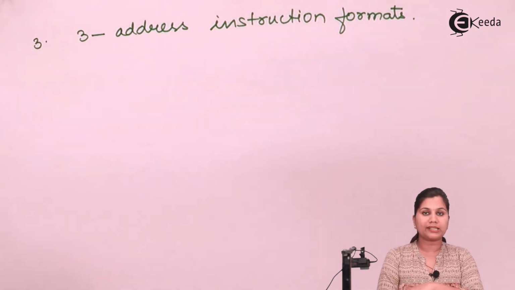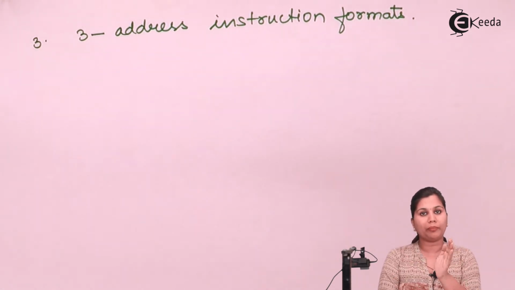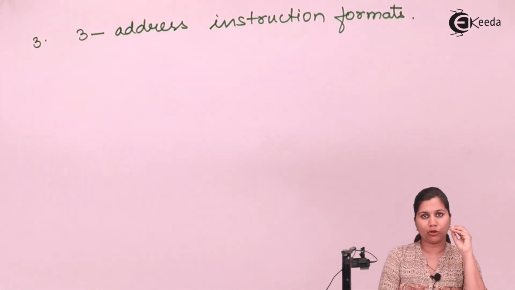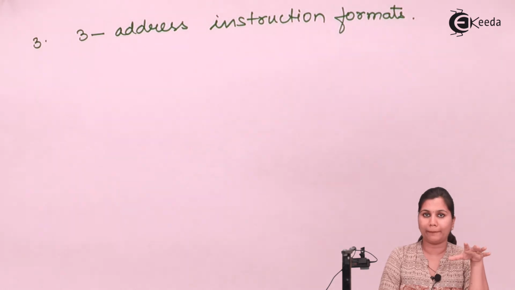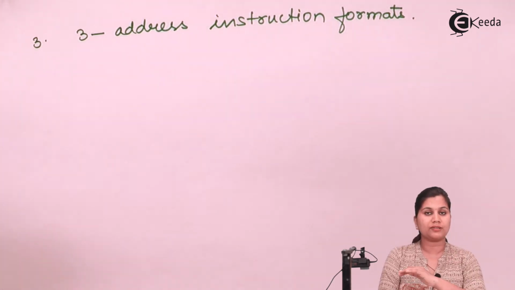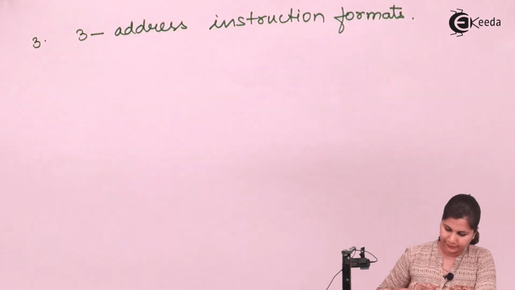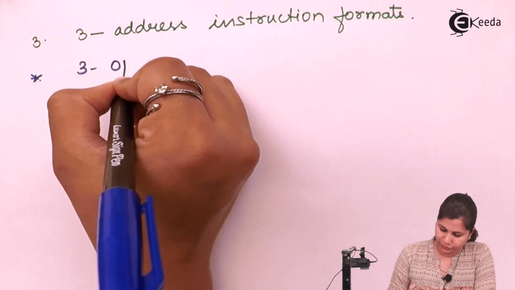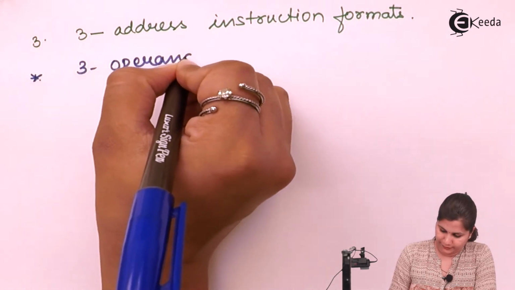Operands are those on which the operation is to be performed. On whatever data we have to perform the operation, that will be called the operand. So in the ARM processor instructions, we will have 3 operands. So it is also called the 3 operand instructions.